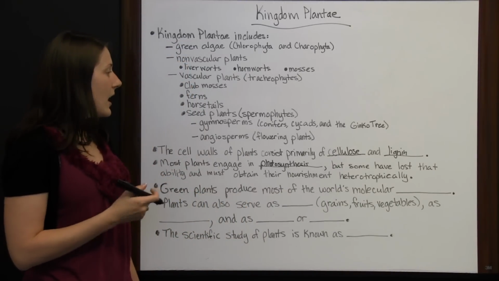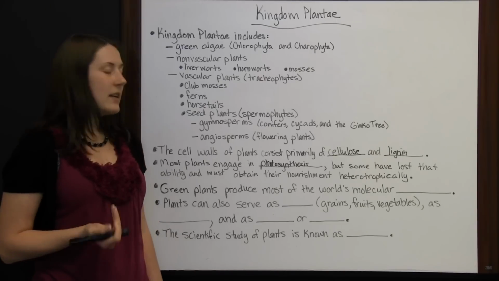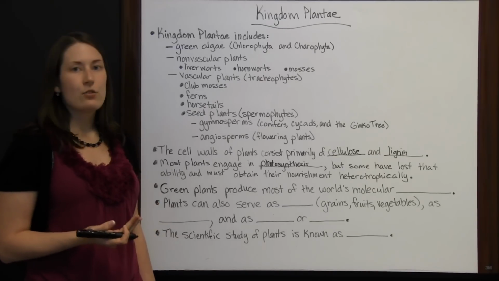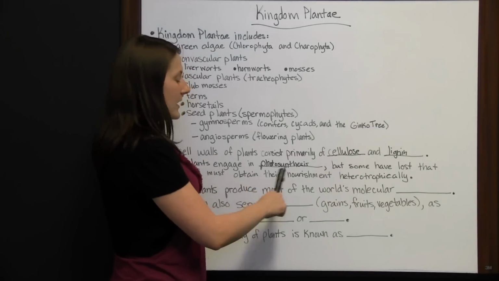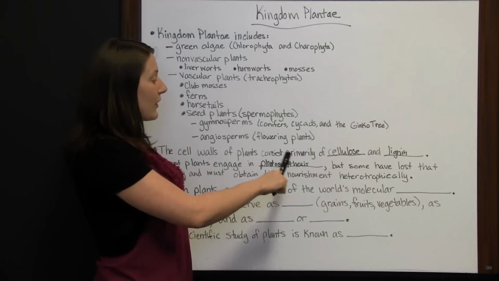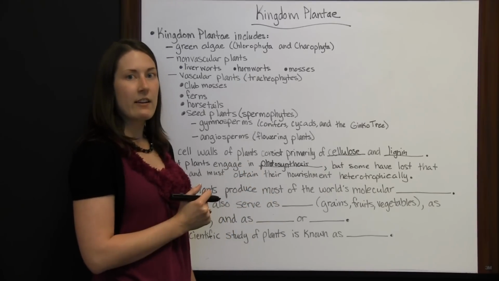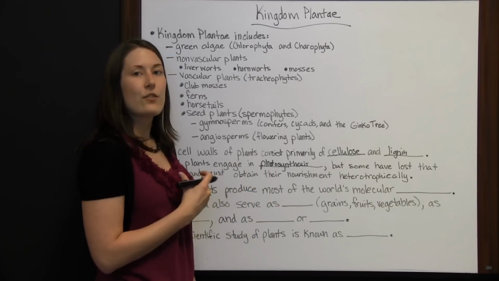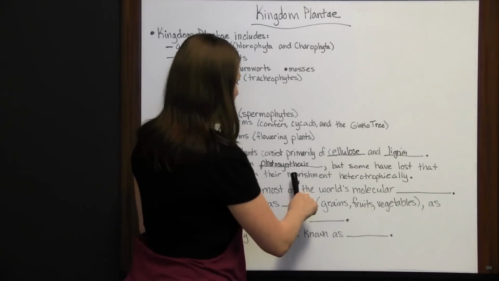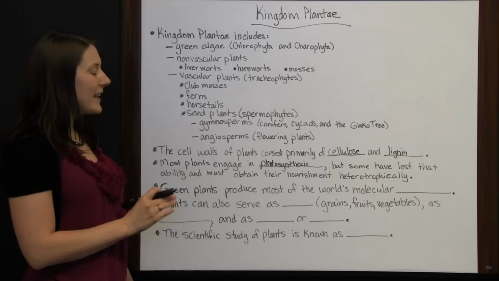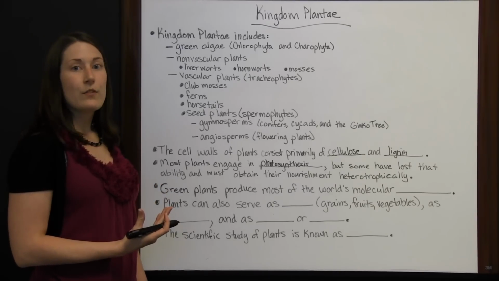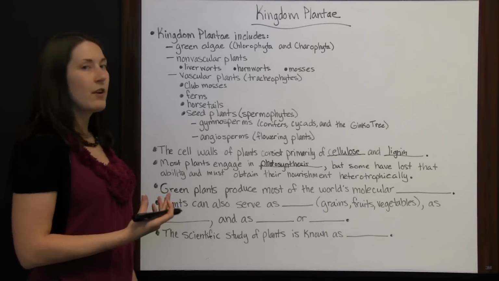But some plants have lost that ability and must obtain their nourishment heterotrophically, so they can't make their own food. Autotrophs, such as those that carry out photosynthesis, are plants that can carry out photosynthesis. They can create their own food. But heterotrophs cannot create their own food, and they must get their nourishment from other places.